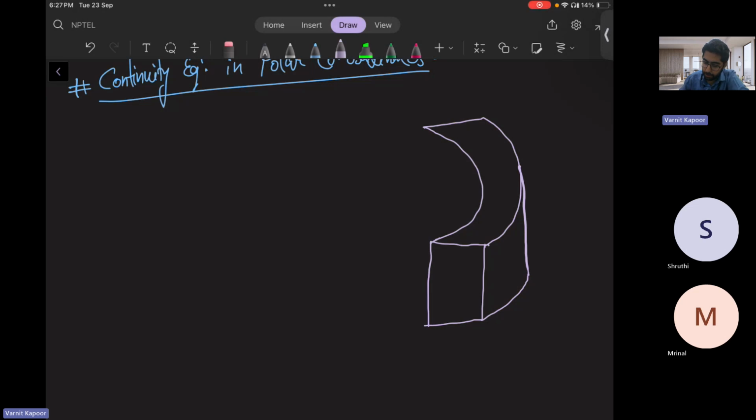Let us suppose I've made the enlarged view. So this is the center of that fluid. Let us suppose from this end to this end, it is making an angle of d theta, the change in the angle.